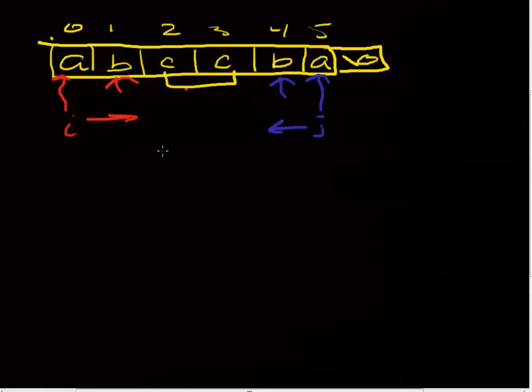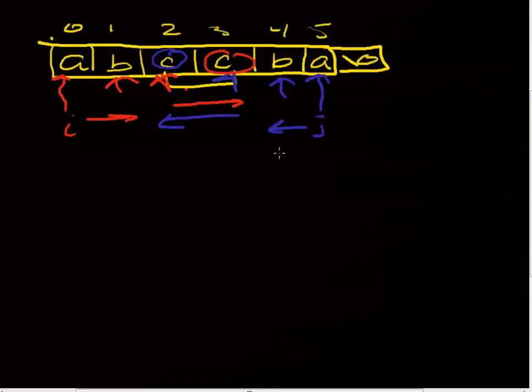I'm going to keep doing that until eventually I need to stop. And I'm going to stop when I and J cross. When J keeps moving left and starts looking here, and I starts moving right and starts looking over here, I know that I've examined all the pairs.